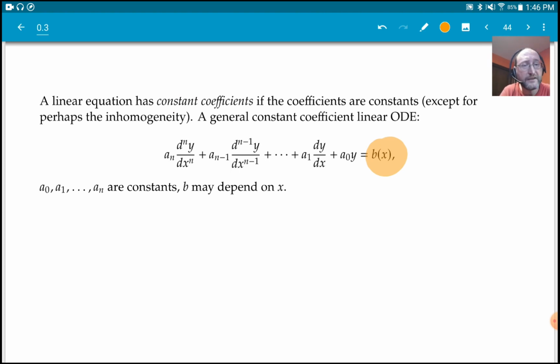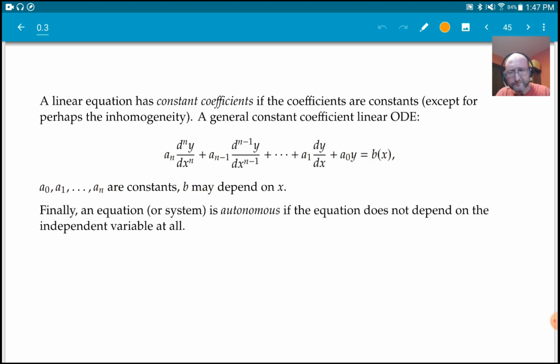That could still be a function of the independent variable, but the guys in front of the y and its derivatives, those are constant. So we have these constants, and b is just any function. That's what we call a constant coefficient linear ODE. It is in this case an nth order ODE.